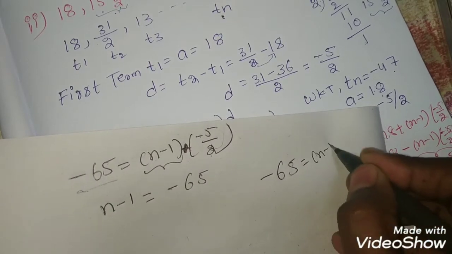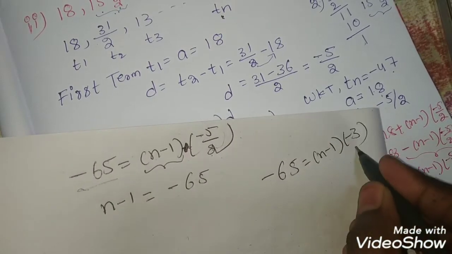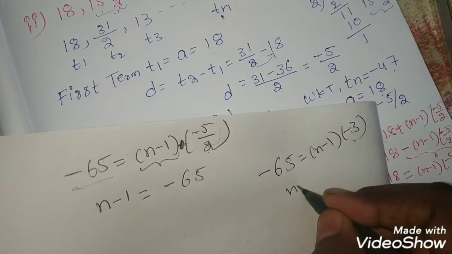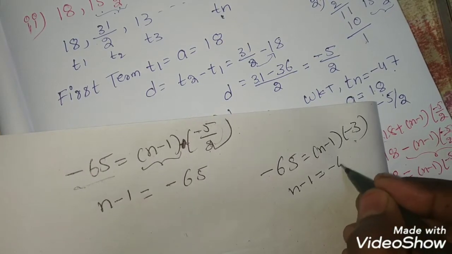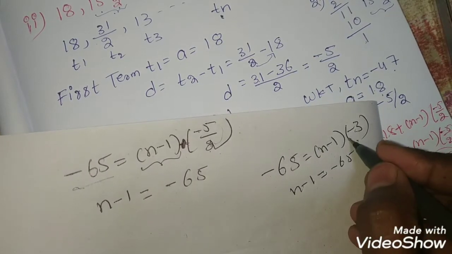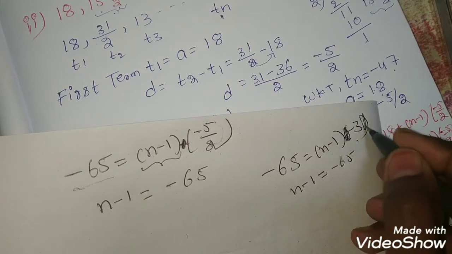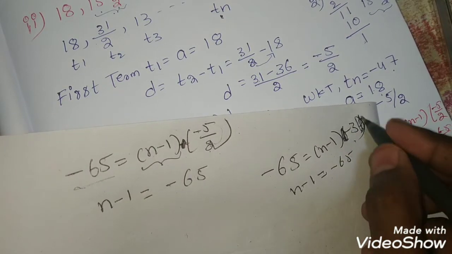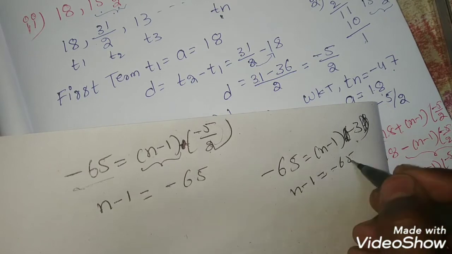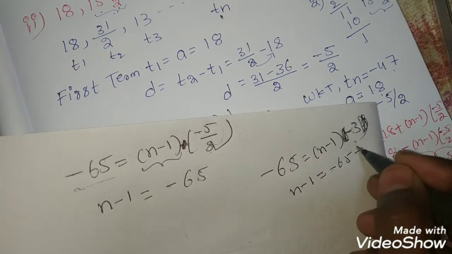So if you have something like 65 is equal to (n minus 1) into minus 3, then how can you write it? n minus 1 is equal to minus 65, and see, minus 3 will become plus 3.